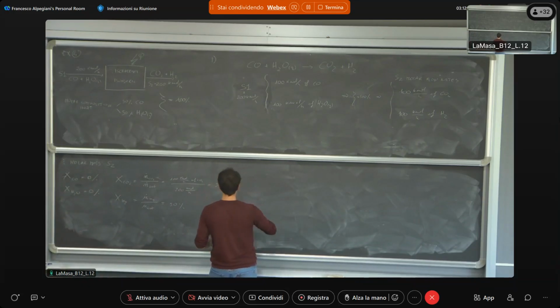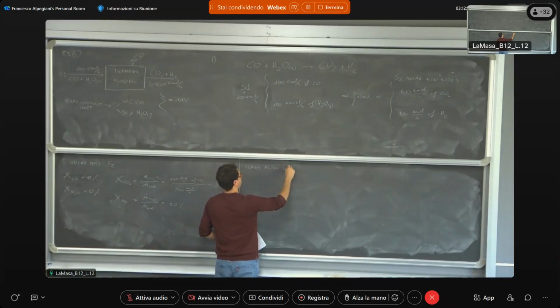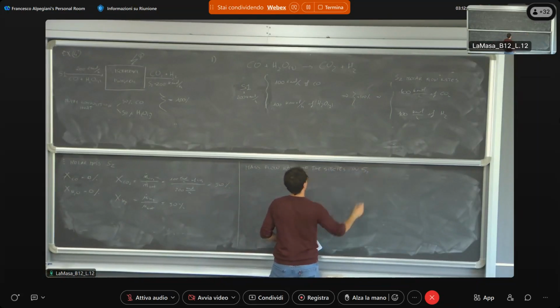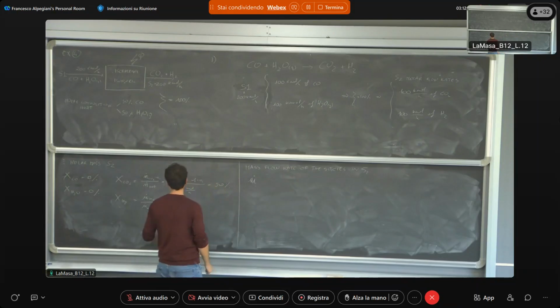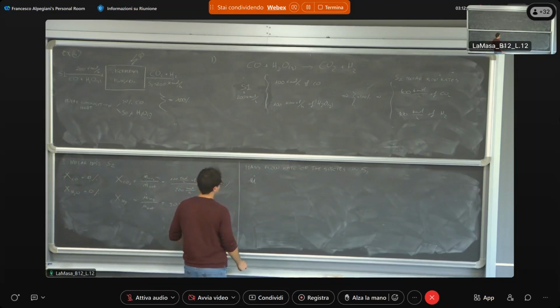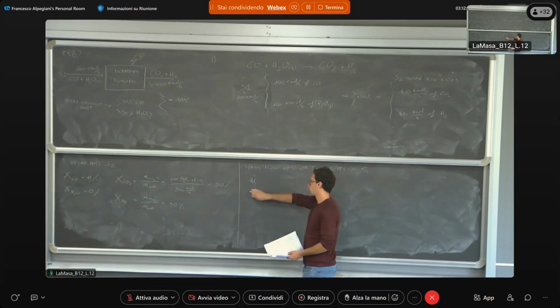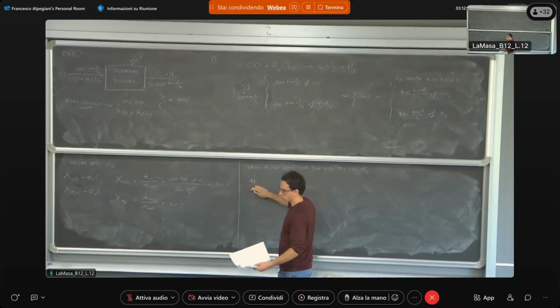Okay, so then for what concerns the mass flow rates of the species, to pass from molar flow rate to mass flow rate you just have to multiply by the molar mass.